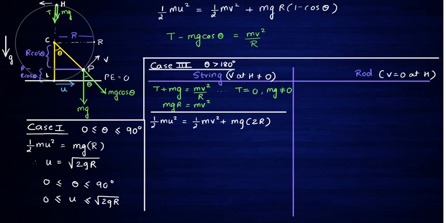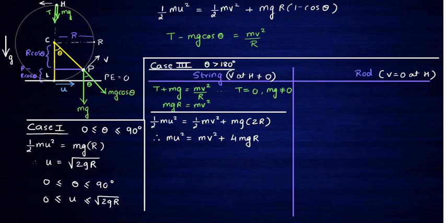This is the energy at the topmost point. Therefore, multiplying this entire equation by 2, I get mu square is equal to mv square plus 4mgr.